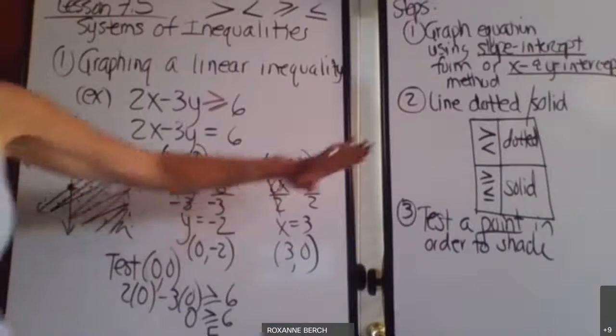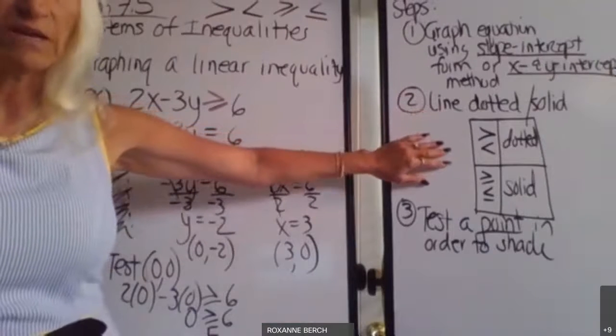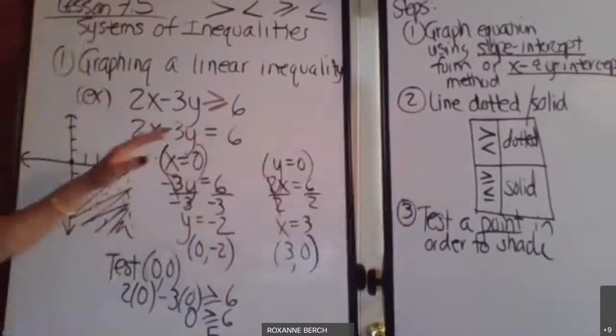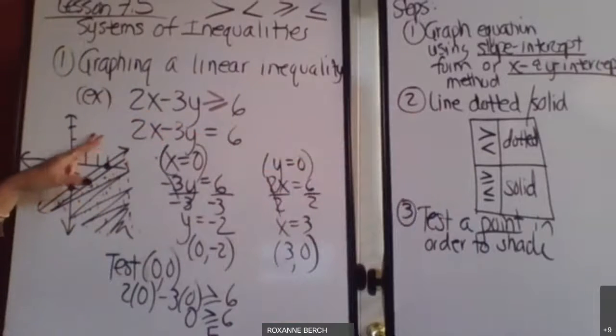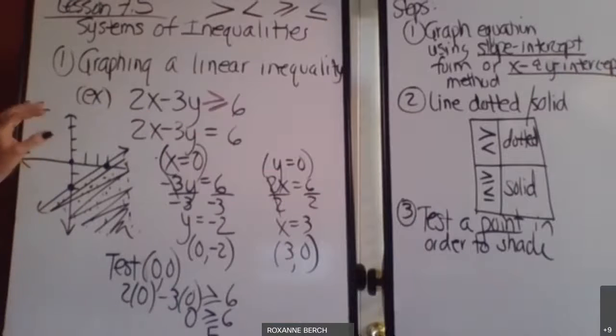After you graph the line, you're going to see if it's dotted or solid. And then you're going to pick a point on either side of the line to see if it's true or false. If it's true, shade it. If it's not true, like in this case, don't shade it. And don't means shade the other side.